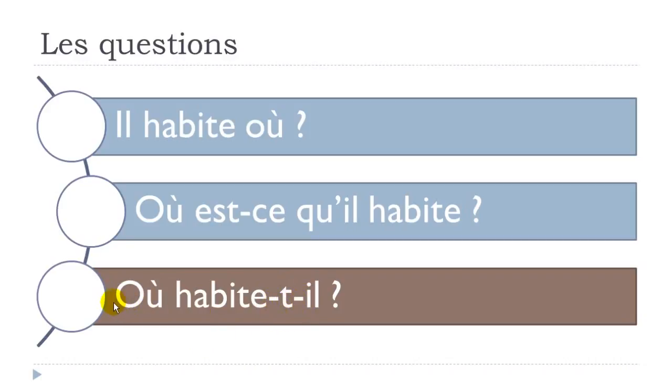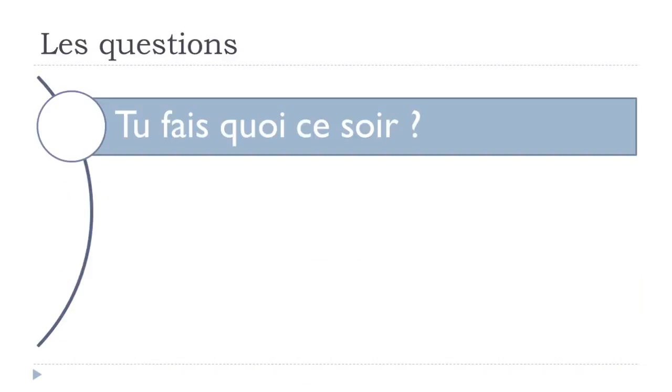So you've got où habite-t-il? Okay, this is the more formal one. First one, il habite où? Second one, où est-ce qu'il habite? Last one, où habite-t-il?